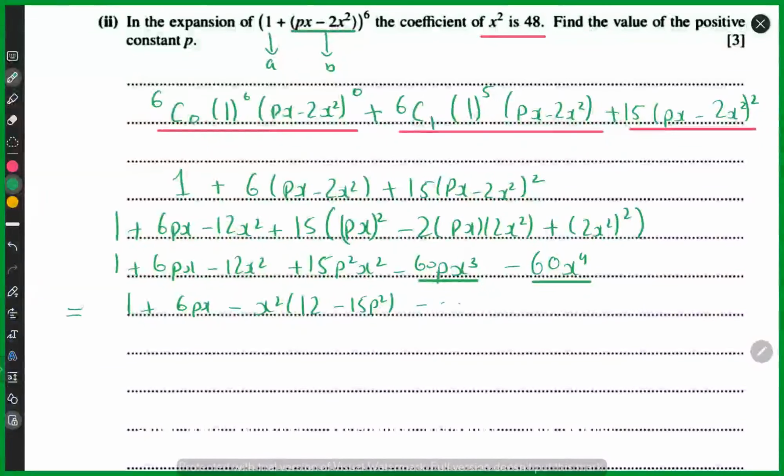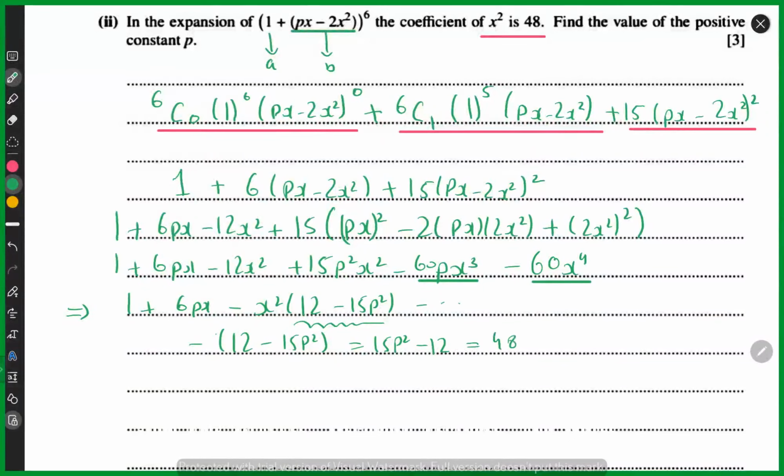At this point, I got the coefficient of x², which I can write as 15p² minus 12. This is the coefficient of x², and now I need to equate it to 48.